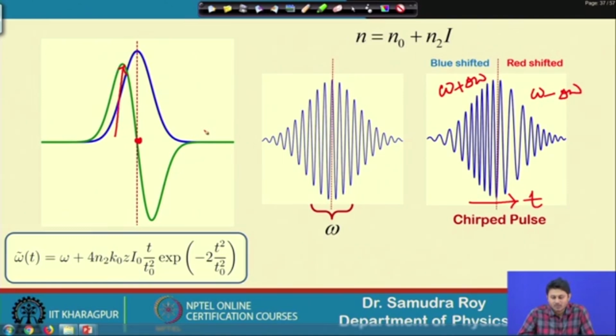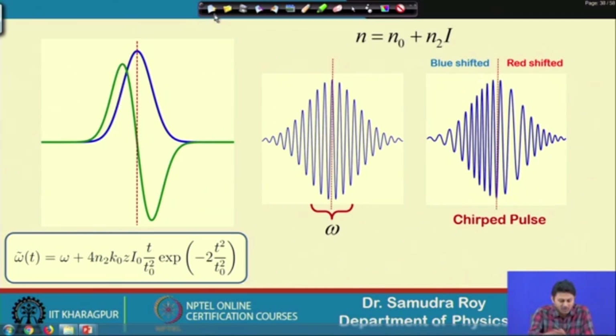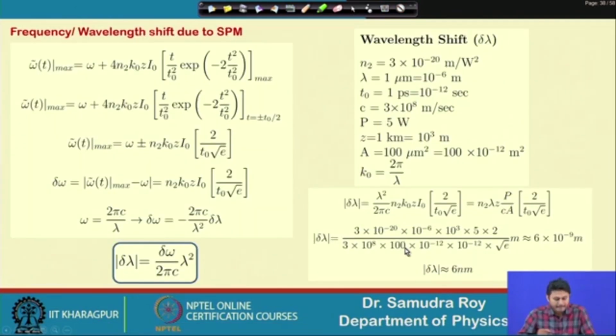Some different frequency components will appear because of this distribution of intensity or the derivative of this intensity. Well, if I now try to find out the frequency change, we can readily find it. I can give you this as homework. All the problems are done here, but I ask you to do that on your own.